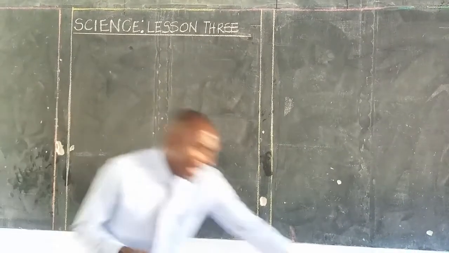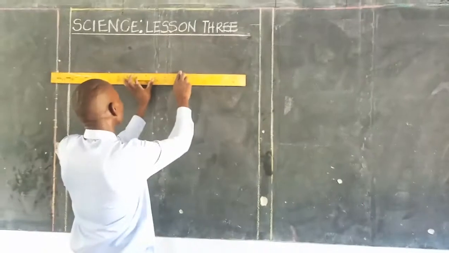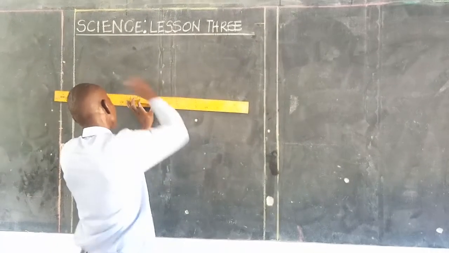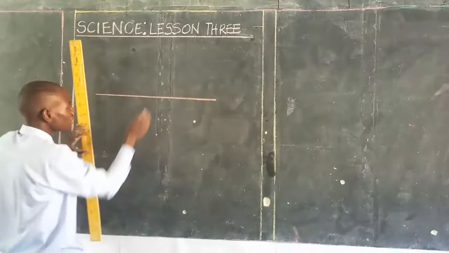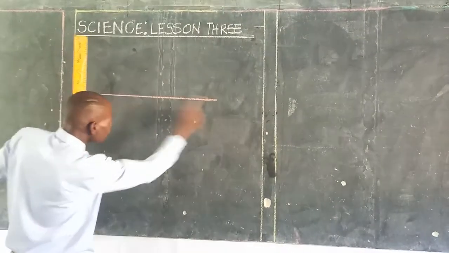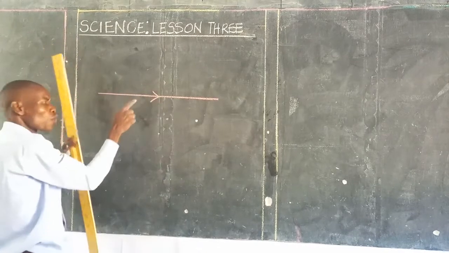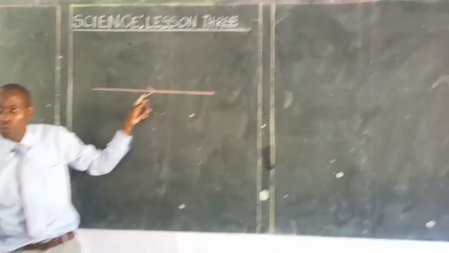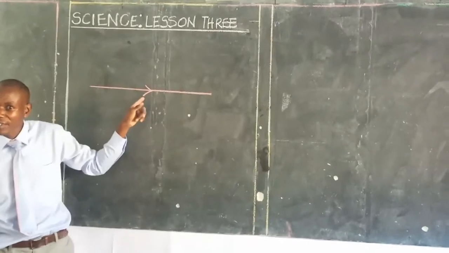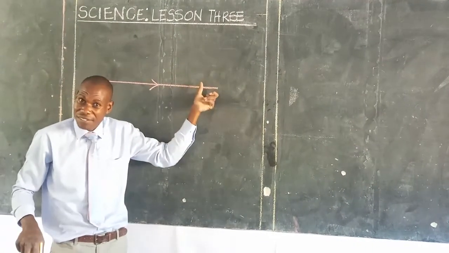And I remember we drew a diagram. We drew light traveling in a straight line, and we drew it just as a line like that, but with an arrow. Boys and girls, don't forget this arrow when you are drawing that. This one simply shows that light is traveling in a straight line.